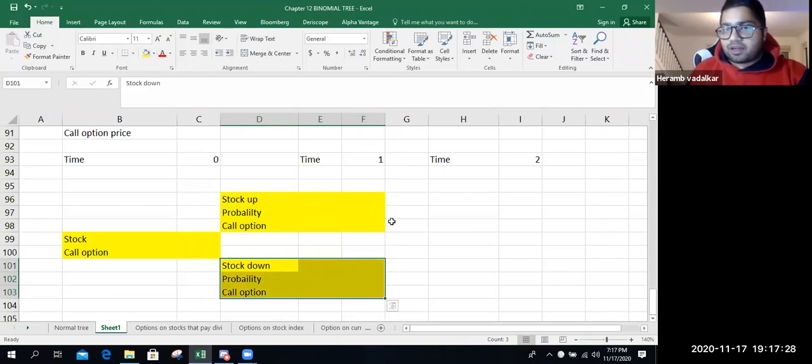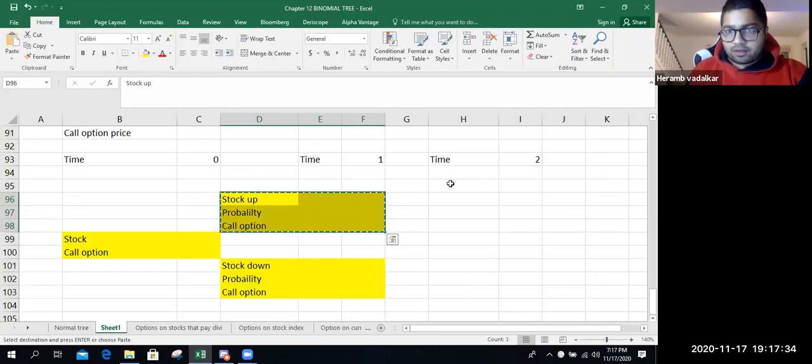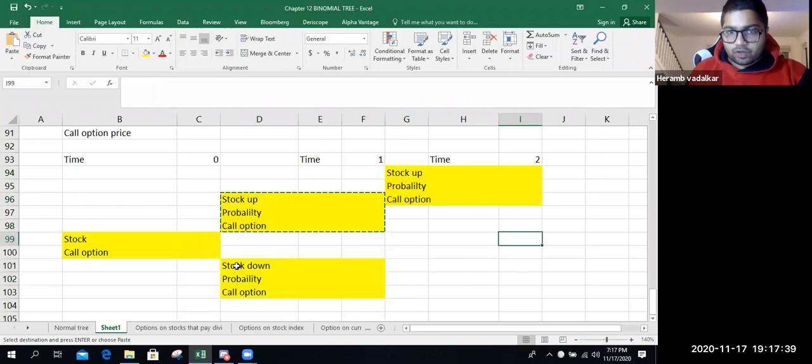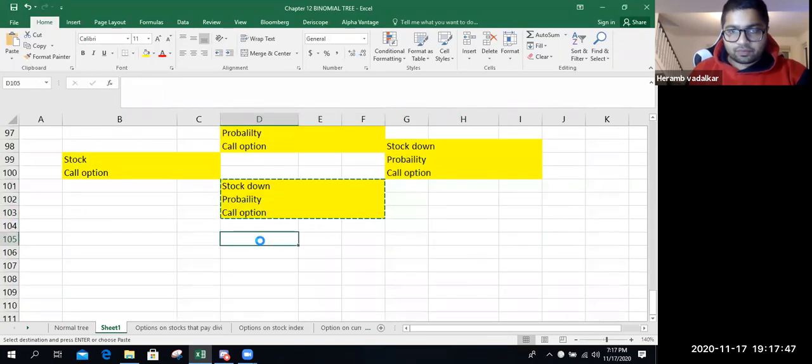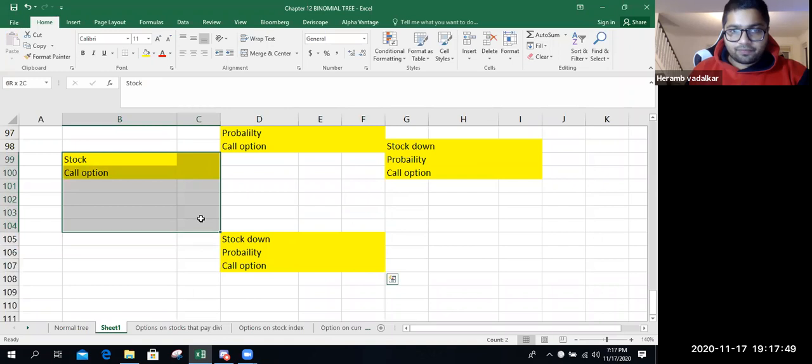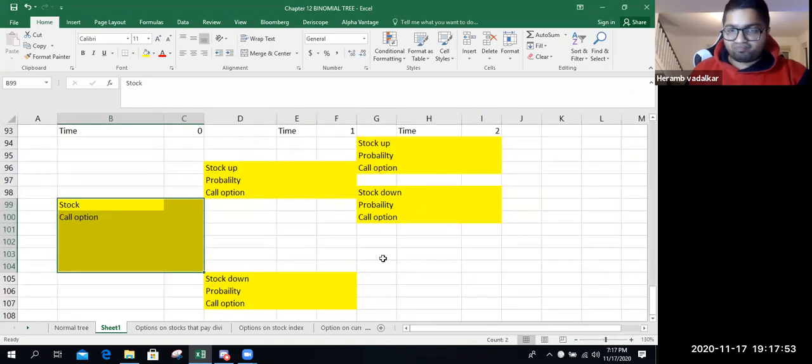Okay, this is same, but we are adding one more stage now. So from here, stock can again move up or move down. So you will have stock moving up or stock moving down from here. I'll move this a bit down. I'll zoom out a bit. So stock moves up, again it can move up, move down.